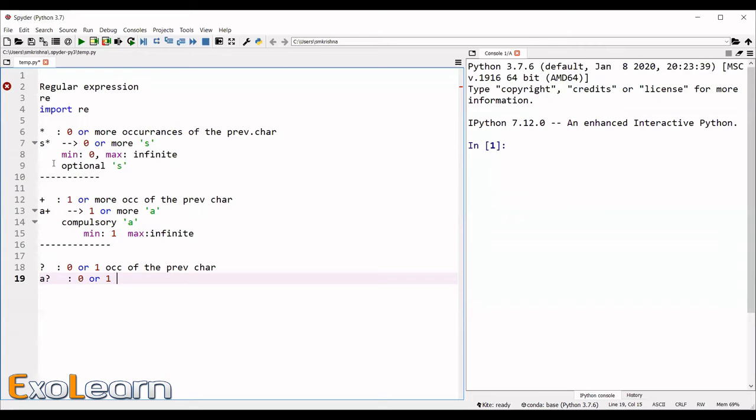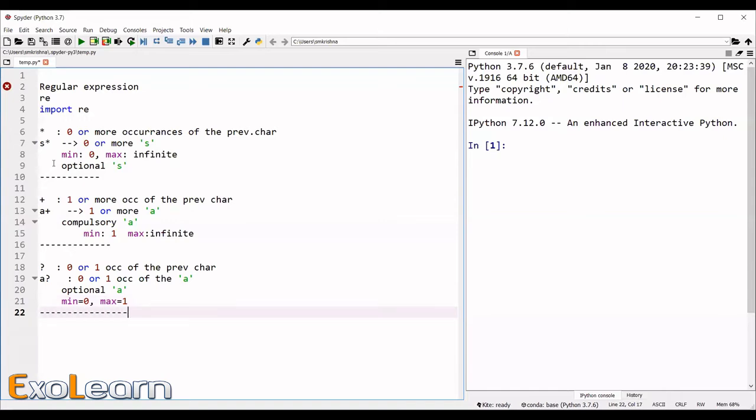Okay, 0 or 1 occurrences of the previous character, in our case, it's a. So it is also giving the meaning of optional a, but minimum occurrences are 0, whereas maximum occurrences is 1 only.